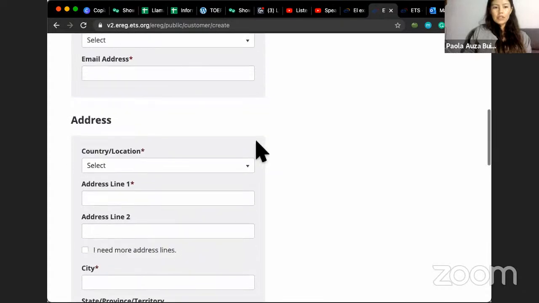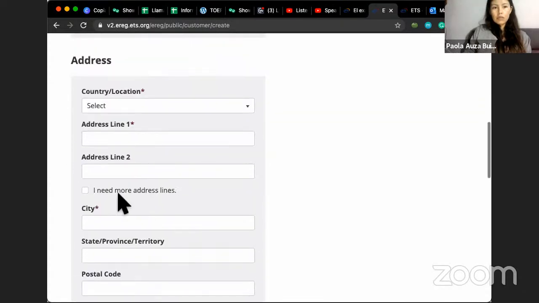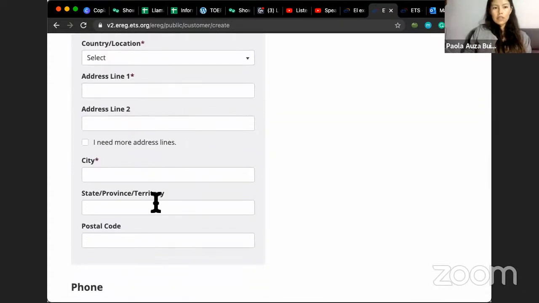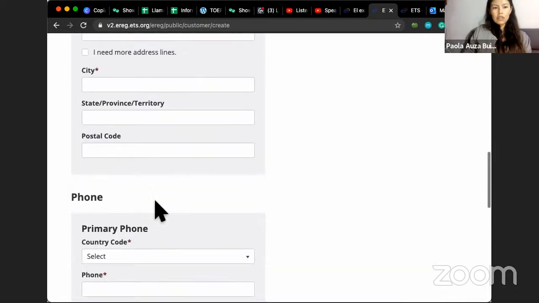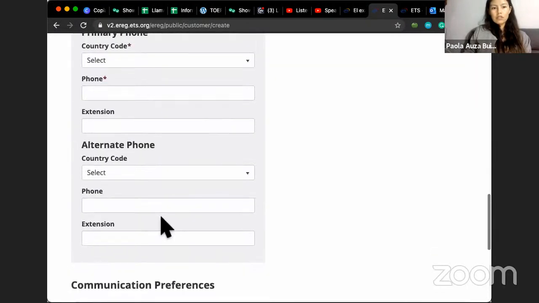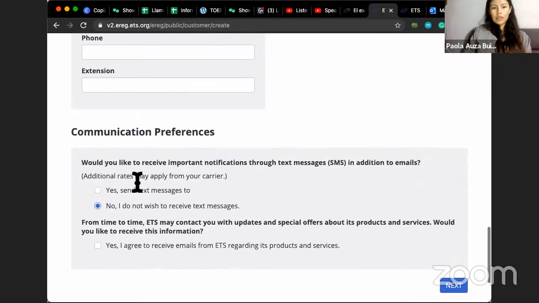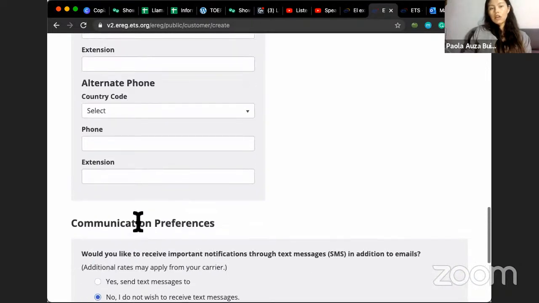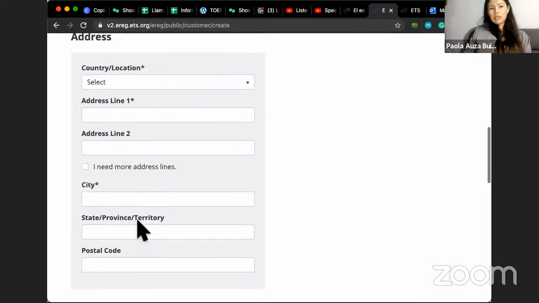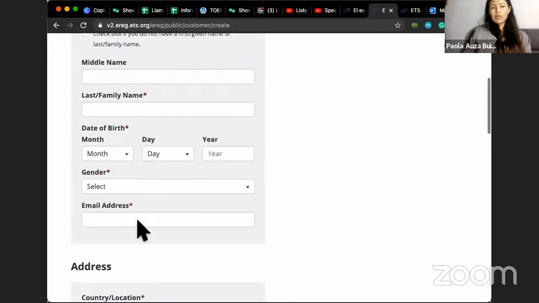¿Ok? Después en address, ¿no? ¿Dónde viven? Detallen la información, ciudad, etcétera, su teléfono y, bueno, si tiene algún código, qué sé yo. Entonces, aquí ustedes deciden si es que quieren o no que se les envíe información. Luego van a pasar y básicamente les va a preguntar un poco más de ustedes.